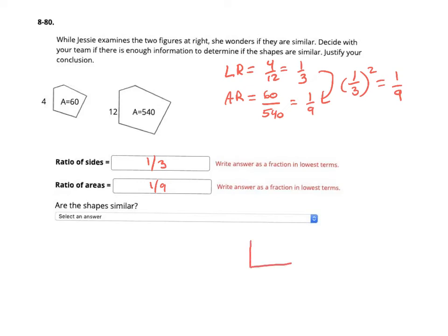If you were to take a look at two triangles, let's say that this is 10 and this is 5. Let's take a look at another triangle where the base is 10 and the height is also 5. Now, these two triangles will have the same base, the same area, but they're not similar because they're different shapes.